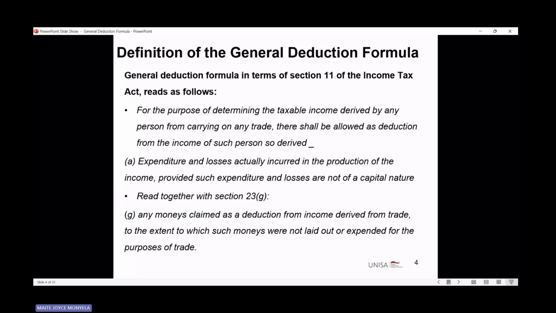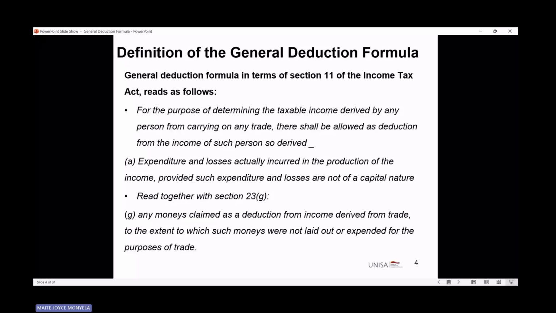The other definition is in terms of section 11G: any money claimed as a deduction from income derived from the trade, to the extent to which such money was laid out or expended for the purpose of the trade. What I need you to know from this slide is the definition, which you'll find in the Income Tax Act under section 11.